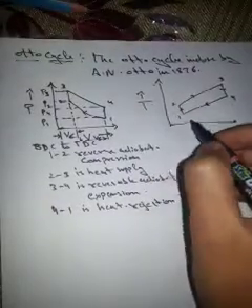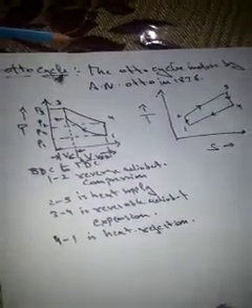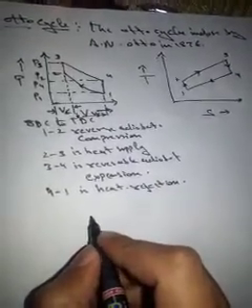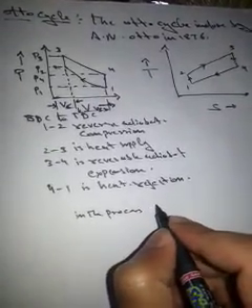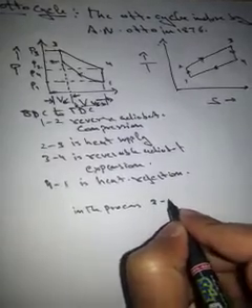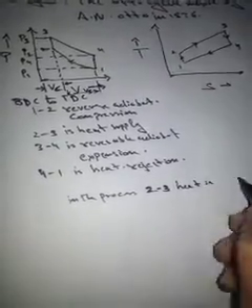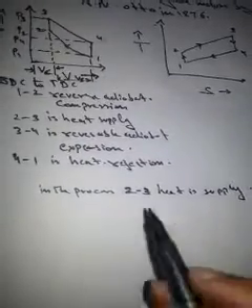In the Otto cycle, the heat is supplied in process 2 to 3.